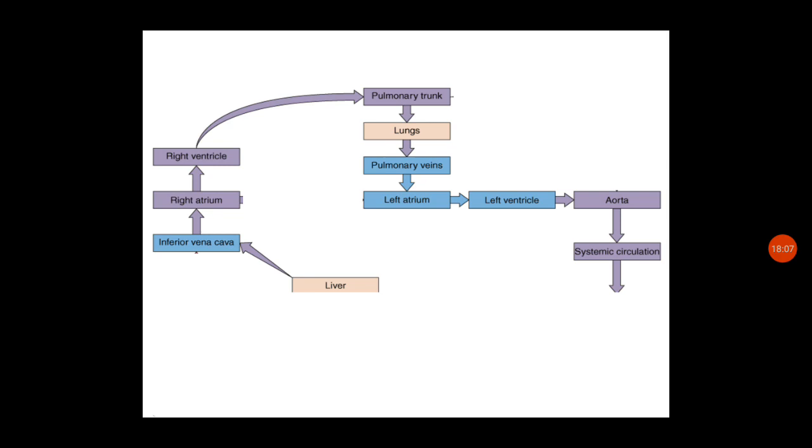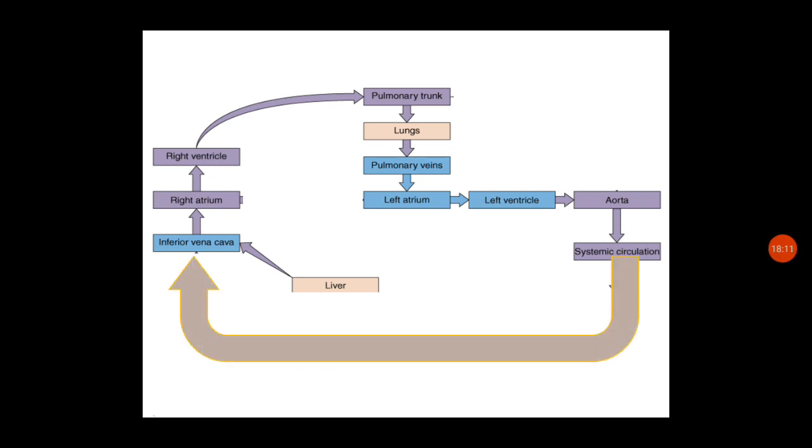Then the connection between the systemic circulation and the venous circulation re-establishes. So now the baby is in the normal adult circulation.